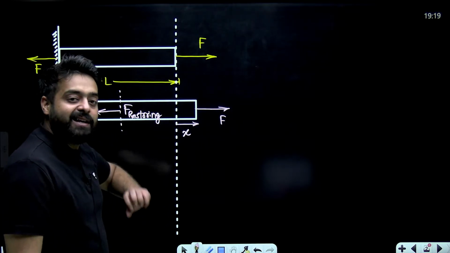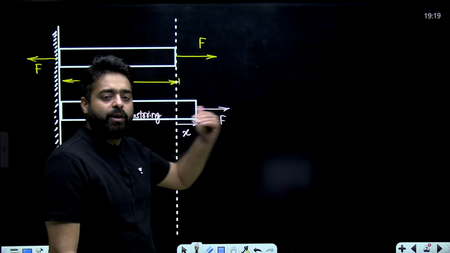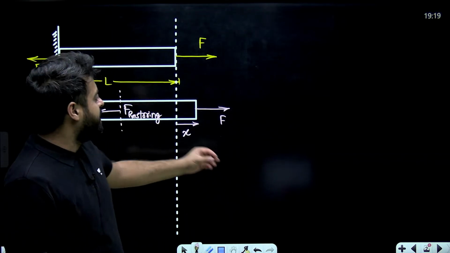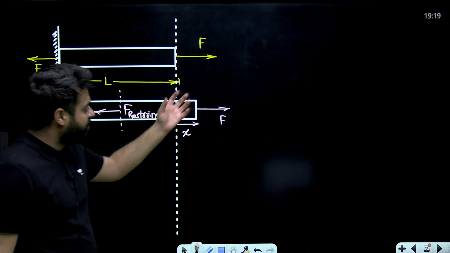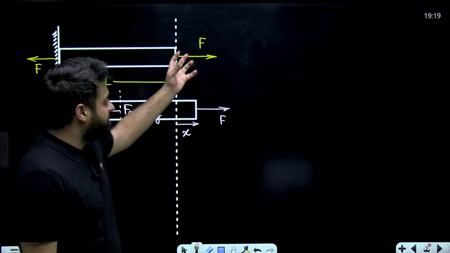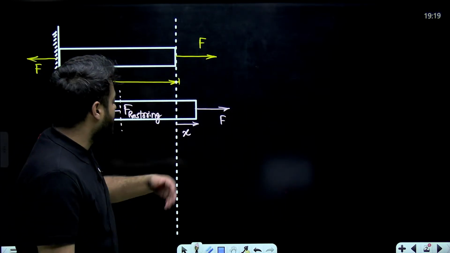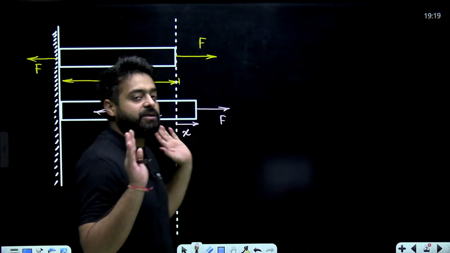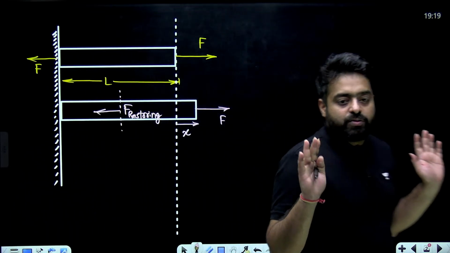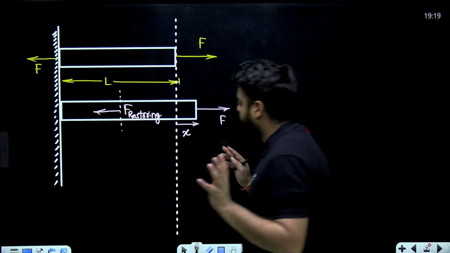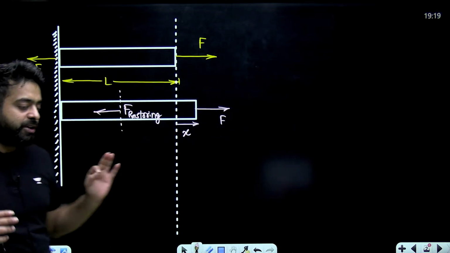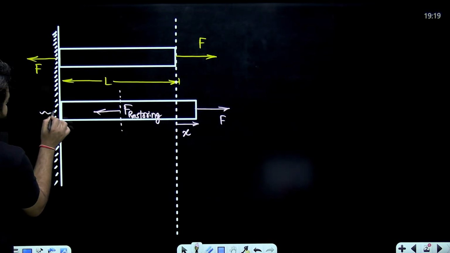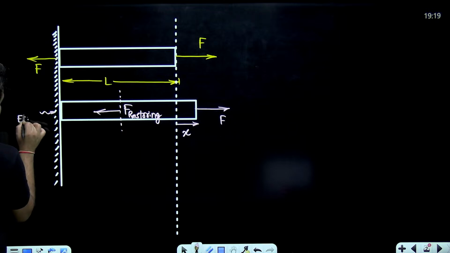And if the body is in the elastic region, which is very important, and you remove this external or deforming force, the body will regain its same length. It will not change its length. So what is x? x is measured from the equilibrium position.